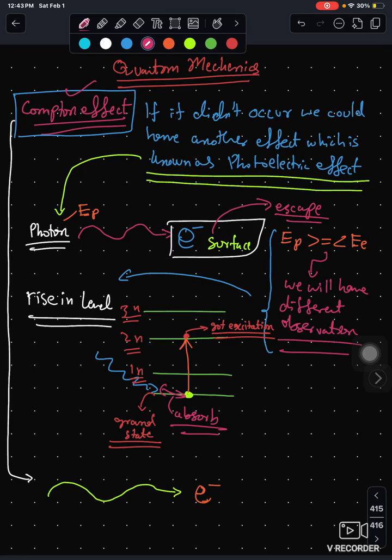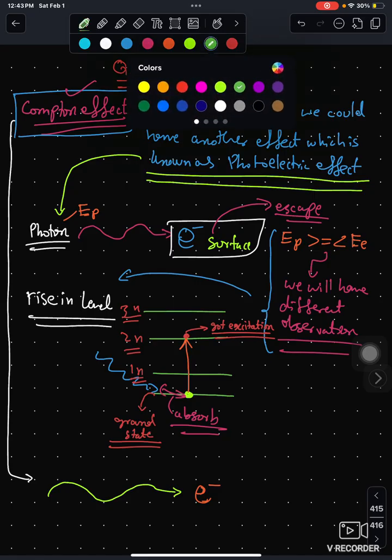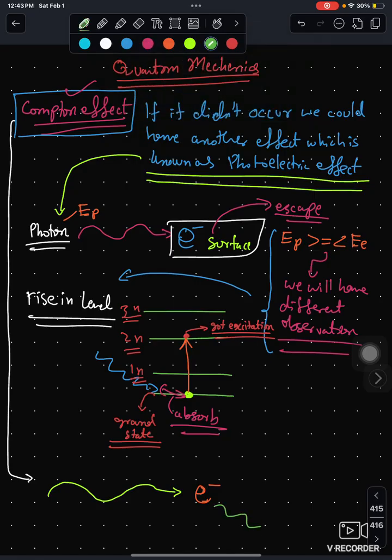How it's special is that there could be a scenario in which the photon will reflect off of the electron at any angle.